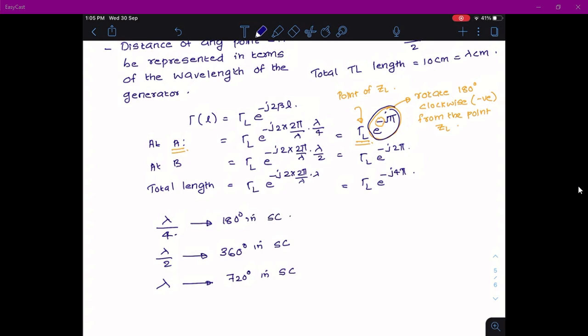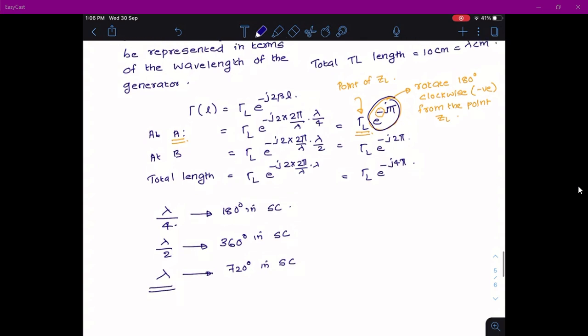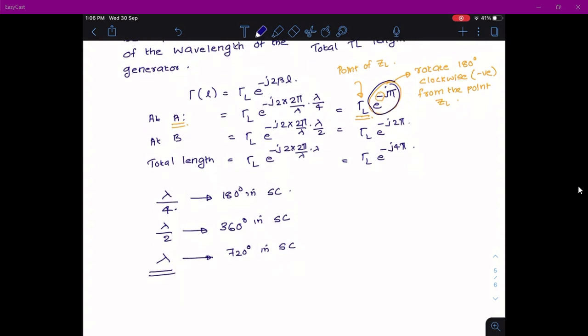So if you want to find the impedance or reflection coefficient at lambda distance from the load on the transmission line, you just need to rotate 720 degrees. Basically you will reach the same point, and we will see why, and the impedance at that point will give you the impedance at the point lambda distance from the load.